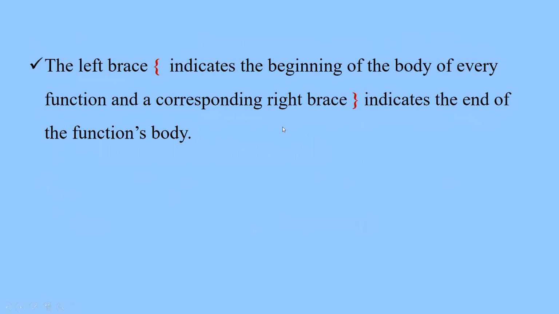Then we have the left brace. My dear students and the rest of the learners, kindly note, we call this one a brace. It's not just a bracket. It's not a bracket, it's a brace. We have seen a parenthesis; now, this is called a brace.